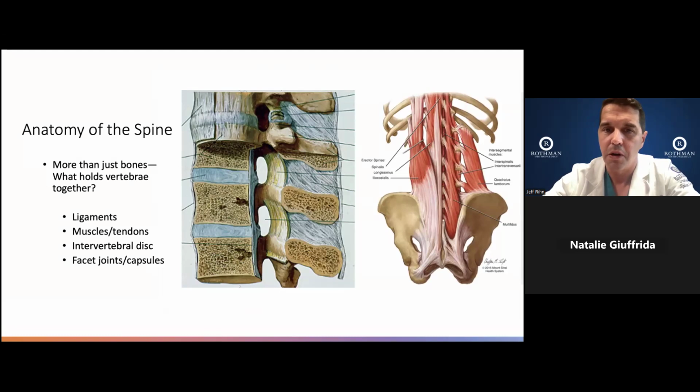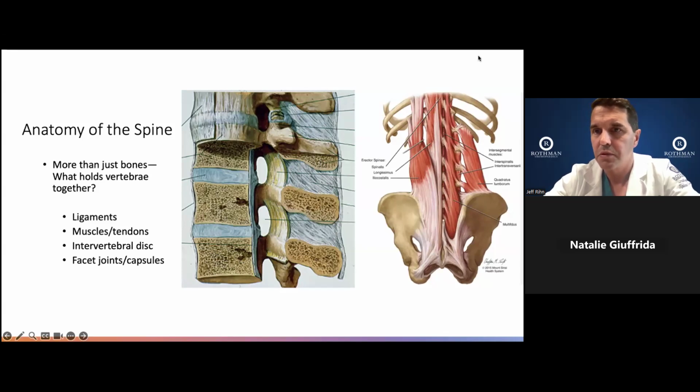But it's more than just bones. There are a lot of structures in the spine, and they have complicated relationships. In between the vertebrae, which I'm outlining here, are the discs, and the discs are mostly water, and they serve as shock absorbers between the vertebrae. In the back of the spine, there are ligaments that connect the vertebrae together.